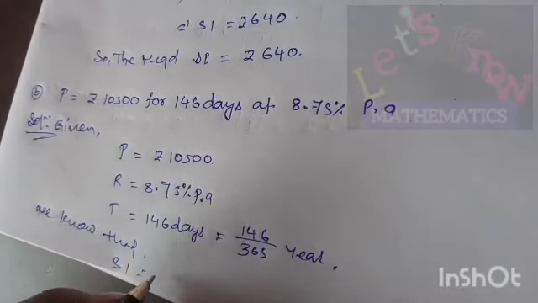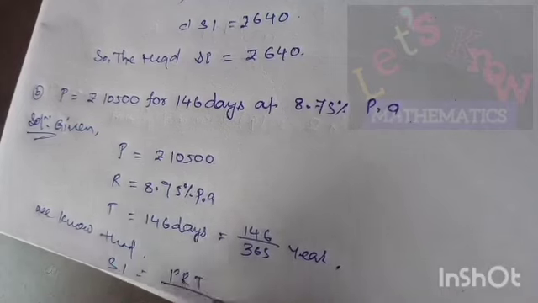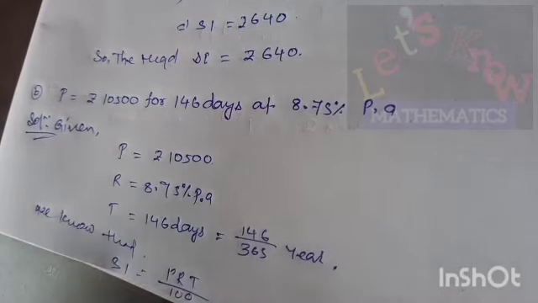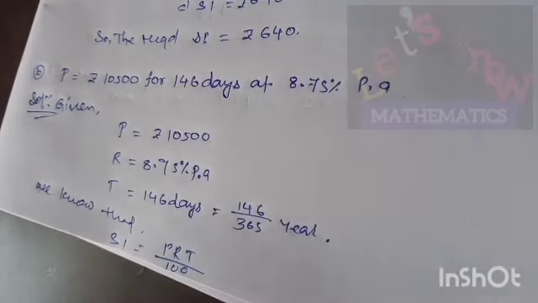Now see, we know that SI is equal to how much? PRT by 100. So according to this formula, we will put the values and we will be getting the answer.